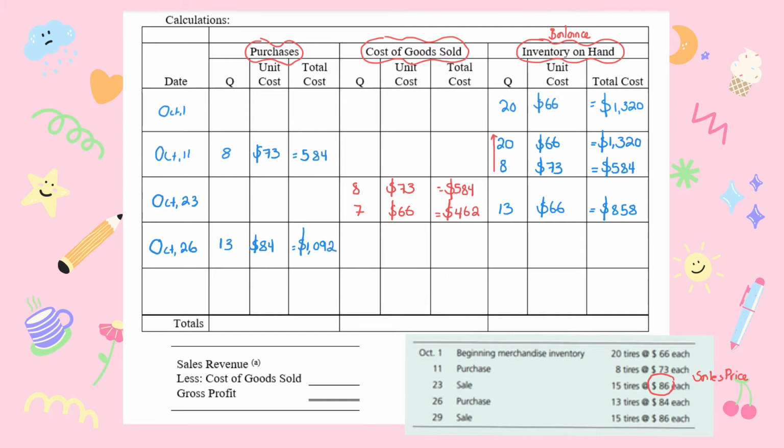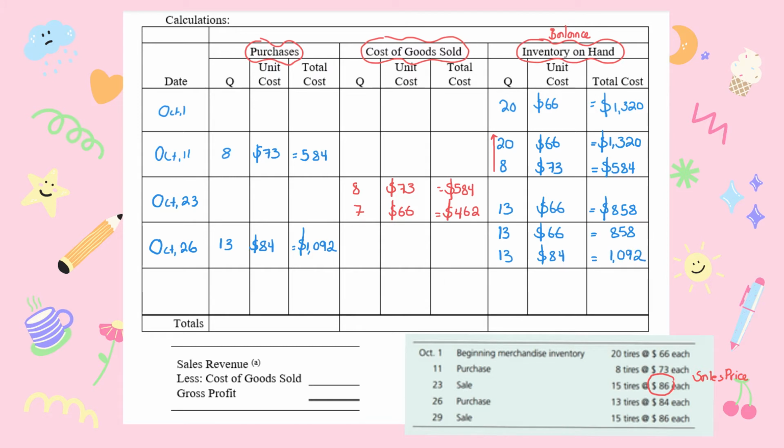Now what's the balance? We had 13 units at 66. And I purchased 13 more at 84. So the total cost will be 1092.